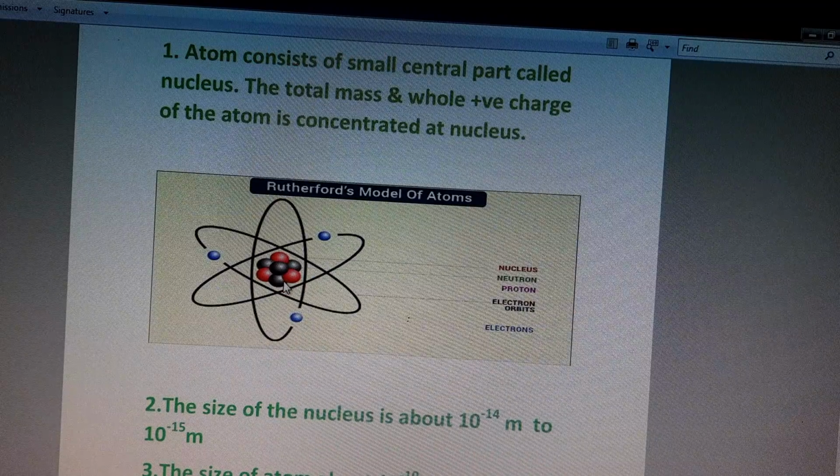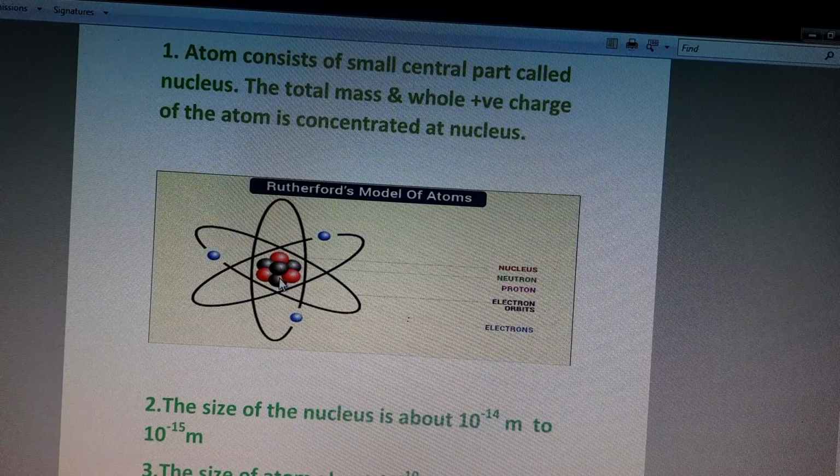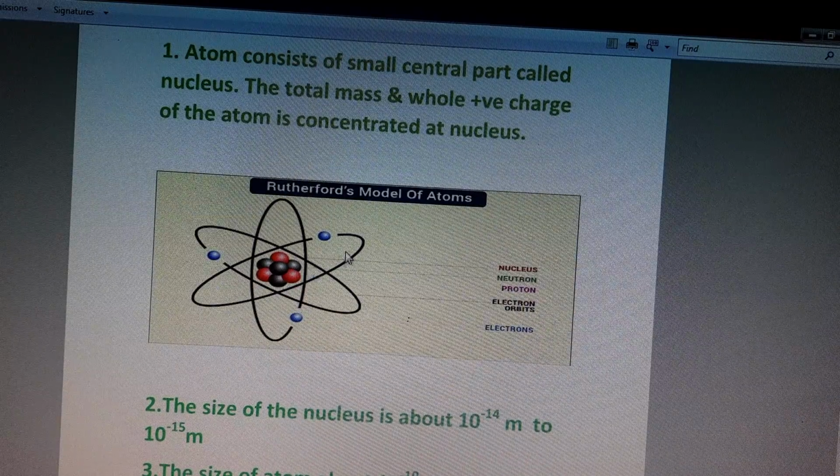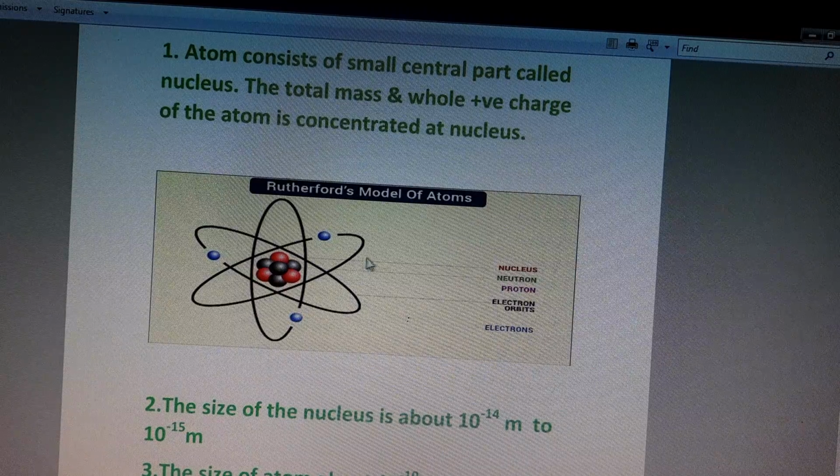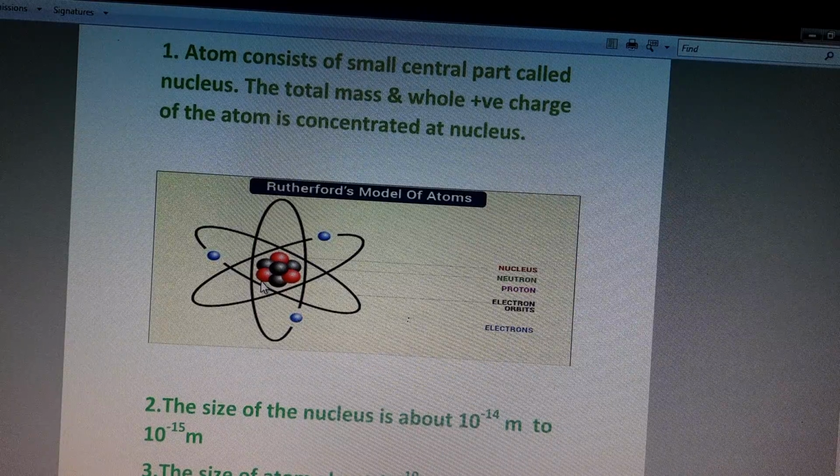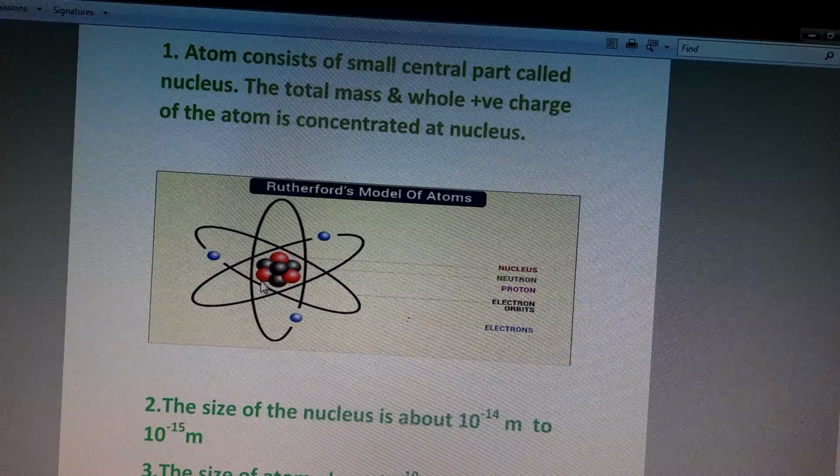So what is the meaning of nucleus? In this diagram, the nucleus has protons and neutrons.